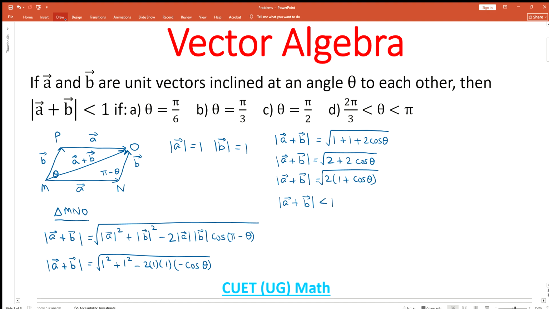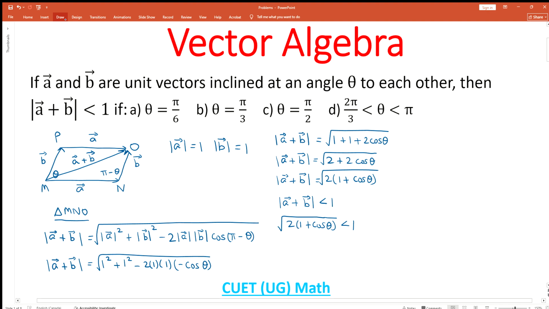That means we have to find the value of theta for which square root of 2 times 1 plus cos theta is less than 1, because magnitude of vector A plus vector B is equal to square root of 2 times 1 plus cos theta. We can find the answer by subbing in the given theta values from the answer choices into this inequality one by one to find out which answer choice is correct.